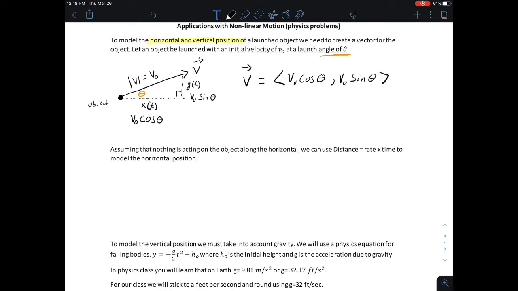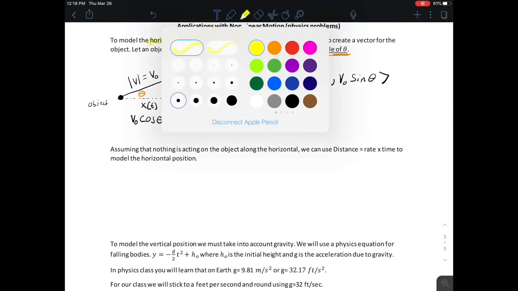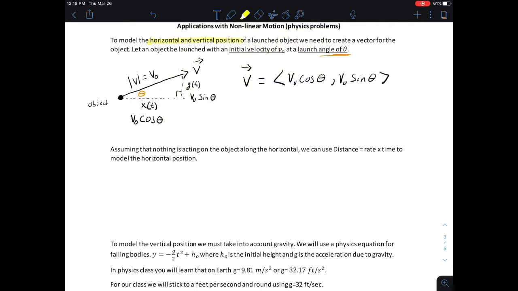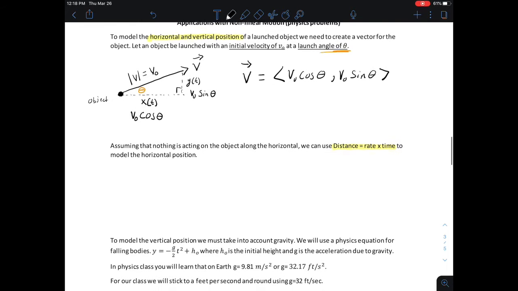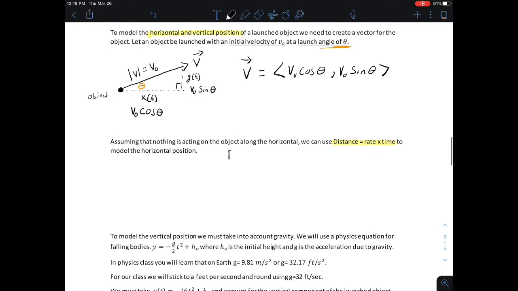Now, assuming that nothing else is acting on it, no wind, no external forces, we're going to create a horizontal position equation based on time. It comes off of the formula distance equals rate times time. So d equals r times t.